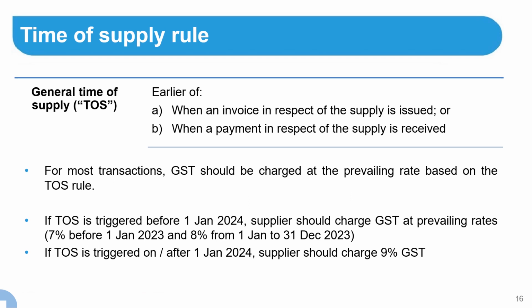If the time of supply is triggered before 1st January 2024, you have to charge GST at the prevailing rates of 7% for supplies made before 1st January 2023 and 8% for supplies made from 1st January to 31st December 2023. If the time of supply is triggered on or after 1st January 2024, the new GST rate of 9% will apply.